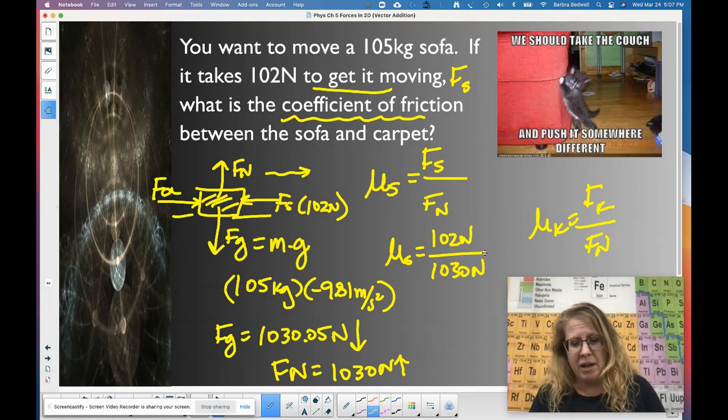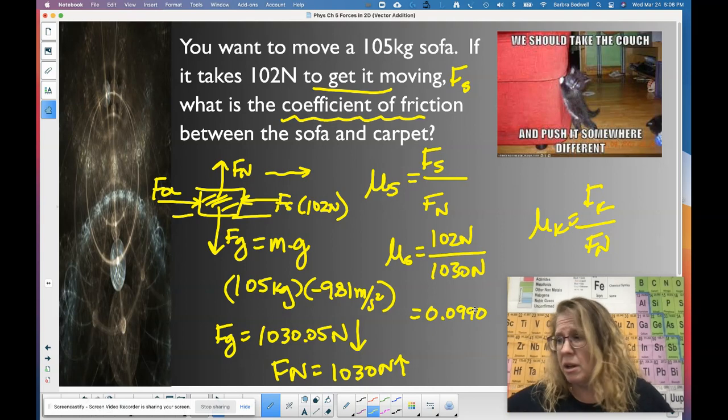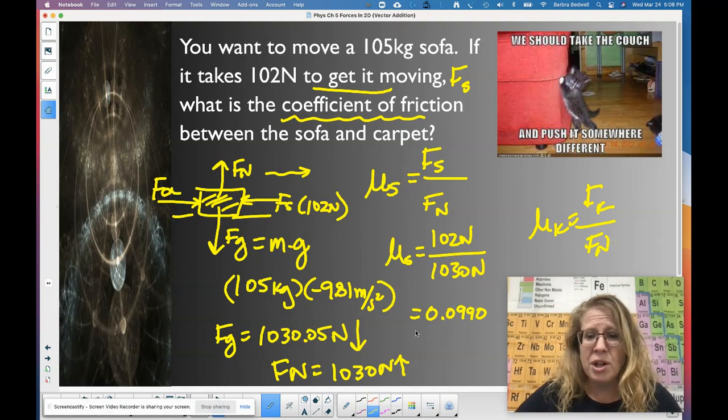And then all we have to do is divide it. 102 divided by 1030. And we've got 3 sig figs. So our static coefficient of friction would be 0.0990. That last digit is significant, so don't forget trailing zeros. And there are no units to it. So that is our coefficient of friction.